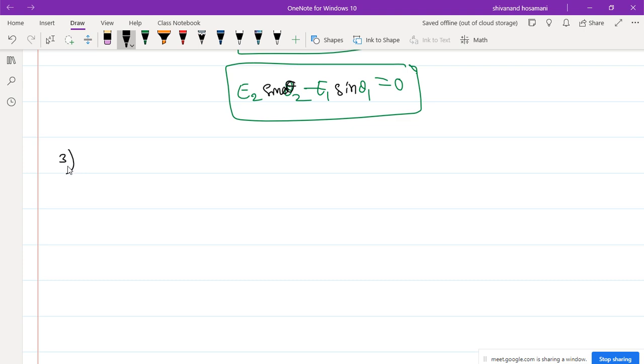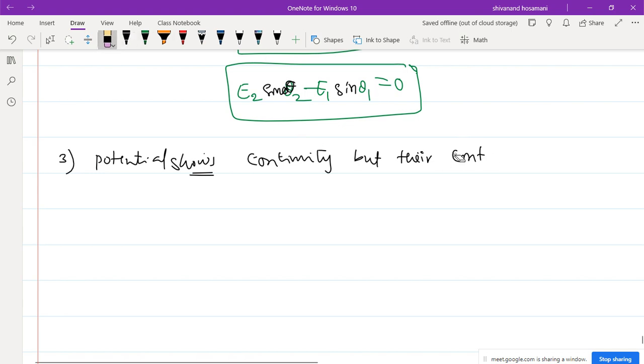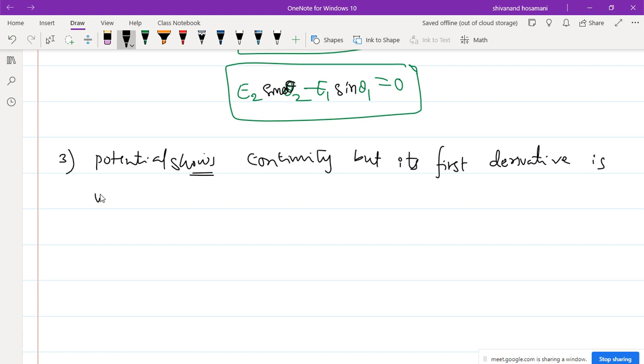Potentials are actually continuous, potential shows continuity, but their first derivatives are not continuous.